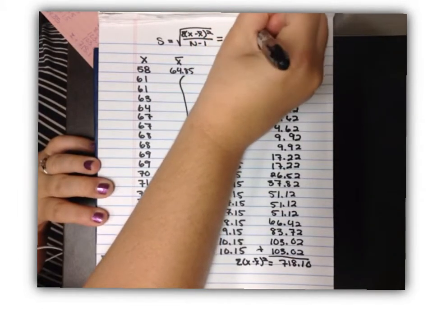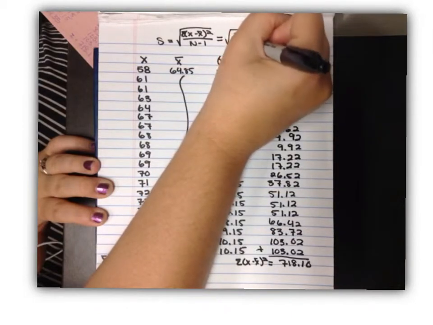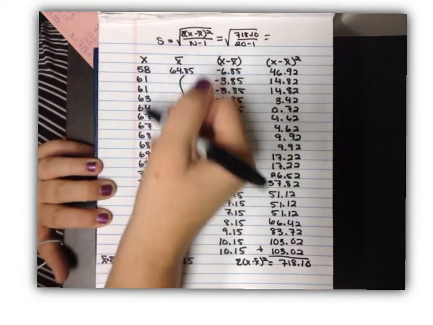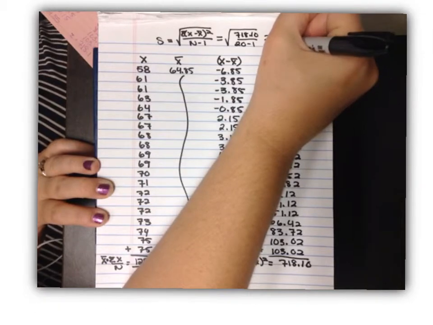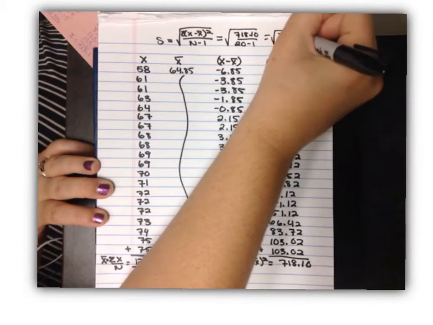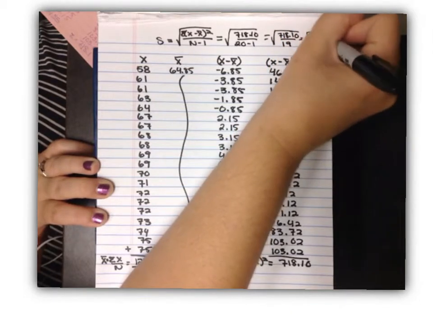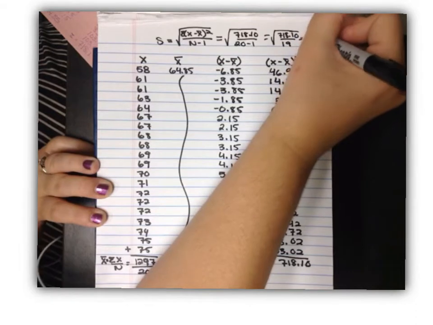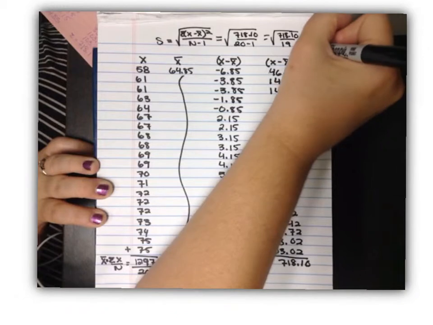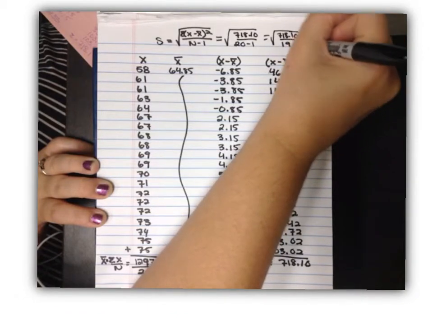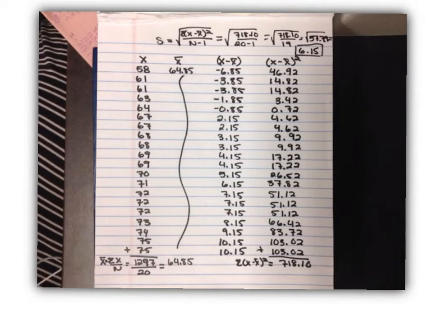I'm going to have the square root of 718.10 divided by 20 minus 1, because 20 is how many x's we have. So 20 is our n, or our total. So we're going to have the square root of 718.1 divided by 19, the square root of 37.79, and that's going to give us 6.15. So 6.15 is our standard deviation for this data.